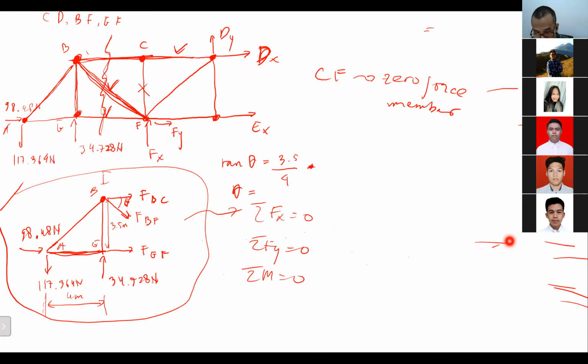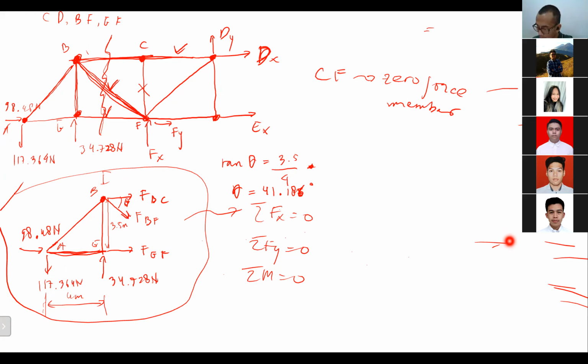Theta will be 41.186 degrees. That's the angle there, theta. Using sigma moment at point B, we will be able to find out FGF.